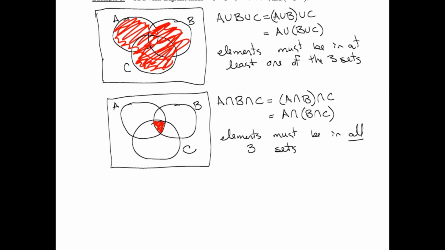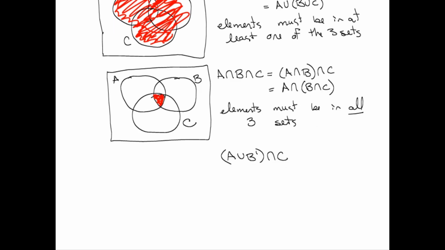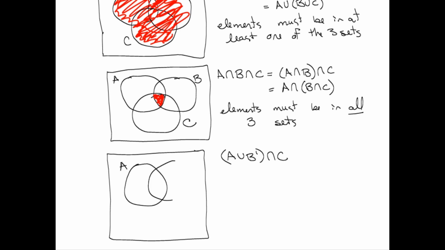We want to look at A union B complement, parentheses around that, and then we're going to intersect it with C. I draw my diagram. Now, when I see something complicated like this, if I see intersect C, that's where I'll start.